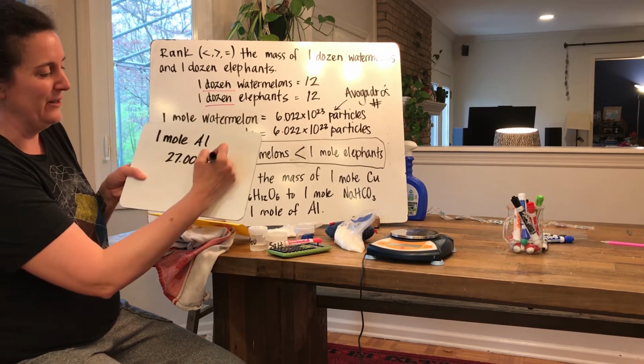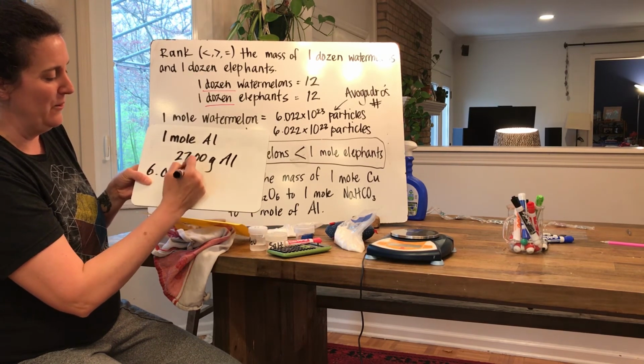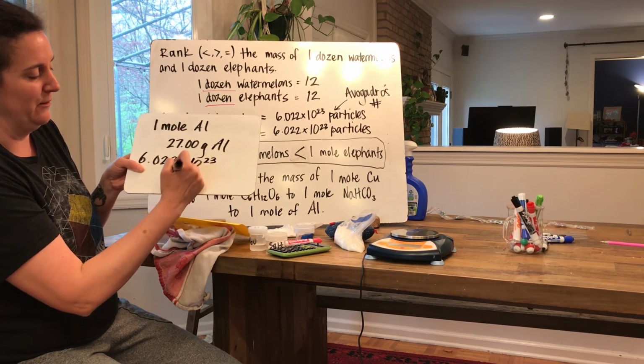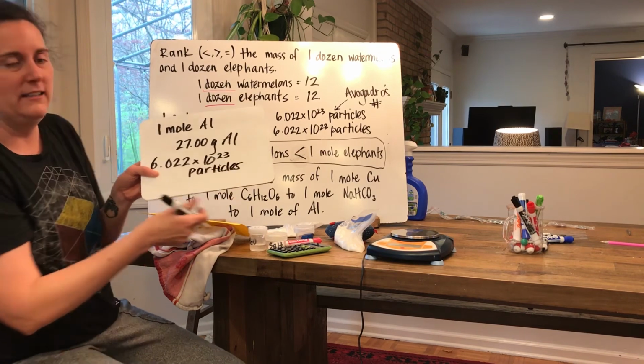And 27 grams of aluminum in 1 mole is equal to 6.022 times 10 to the 23rd particles. All right, you guys get the idea.